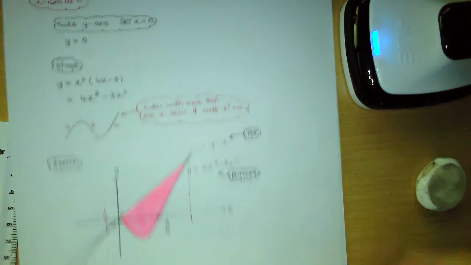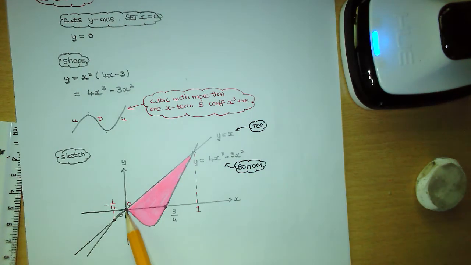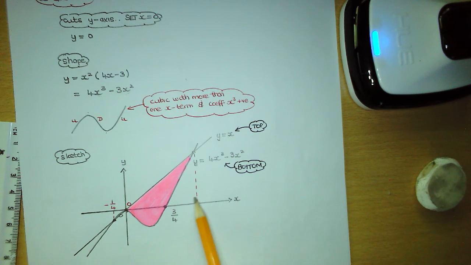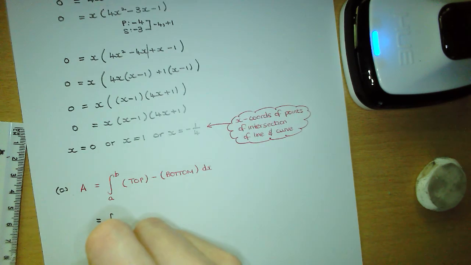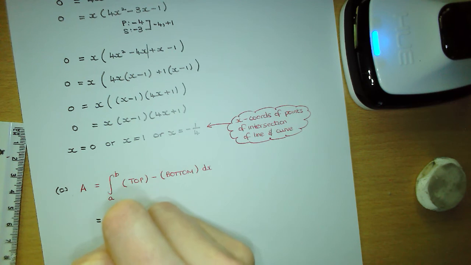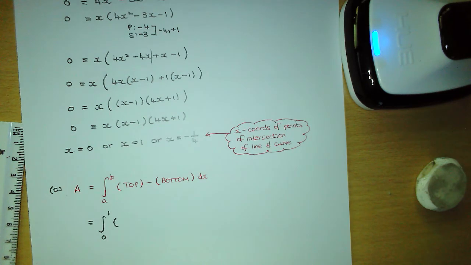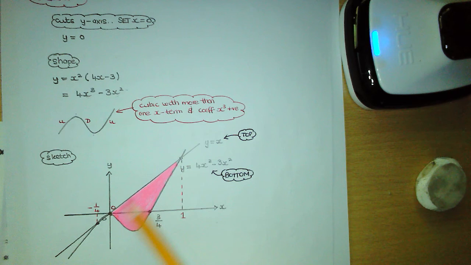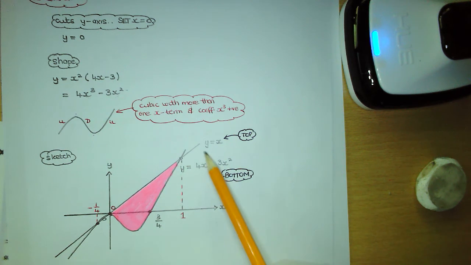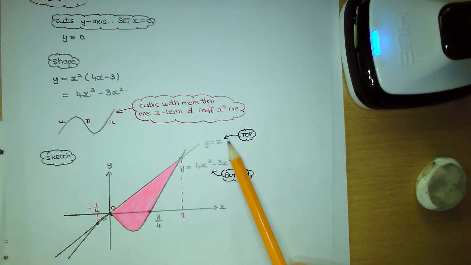So quick reminder, the area lies between 0 and 1 on the x-axis. So 0 and 1 are the limits for x. So we're integrating between 0 and 1, open brackets. The top, remember, so what is immediately above the area is the line y equals x. So we sub in the non-y terms of the top equation. So we're just subbing in x.